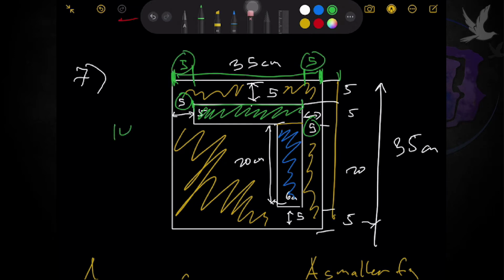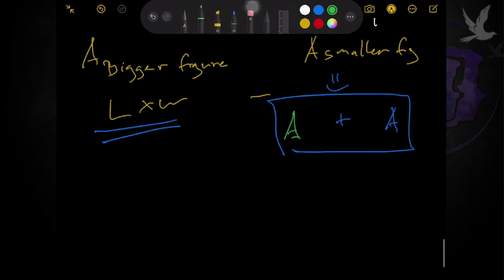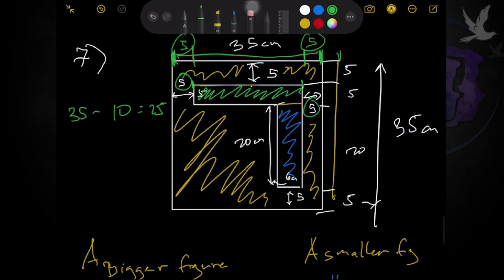So, that makes 10. So, 35 minus 10 will give us 25. So which means the length for the area of the one that is green is 25. Our width, we were able to solve it earlier, which is here, 5.